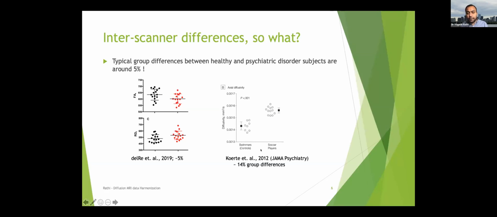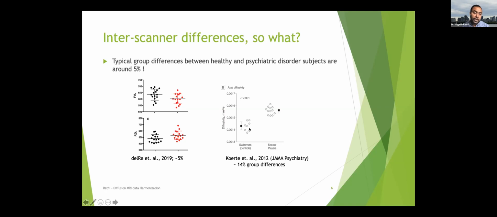On the right is a very high profile paper between swimmers and soccer players. Although at first sight the differences look really large, actually they're not. They are 2 groups that are very tightly bound, but they're separate. But the difference is only 14% on average between these values.